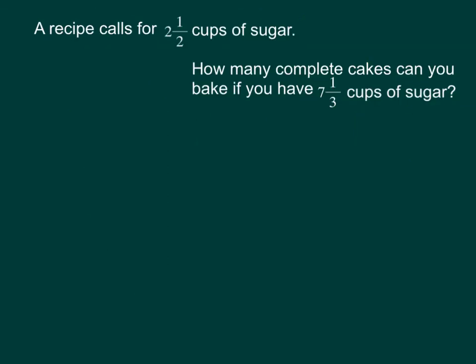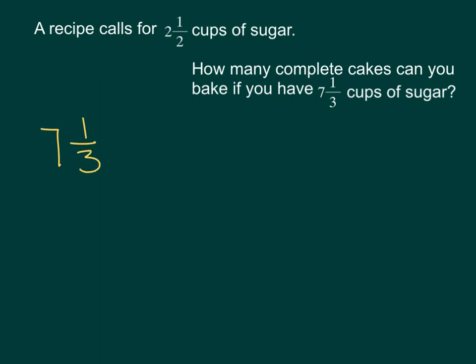Lastly, we're going to do one word problem, so I'll read it aloud. A recipe calls for 2 1/2 cups of sugar. How many complete cakes can you bake if you have 7 1/3 cups of sugar? So to think about this question, we have 7 1/3 cups.